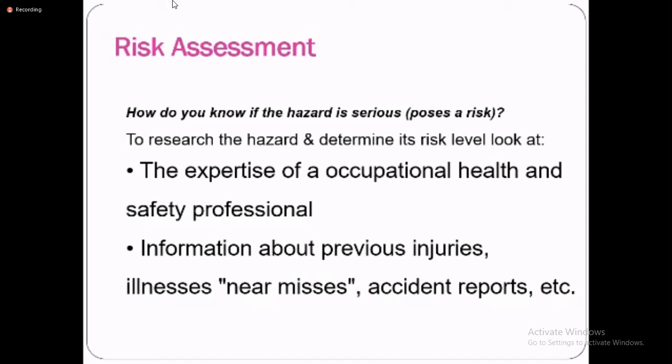Then when you search for that, the outcome will be very serious. Then your rating will be high, right? That's why in order to put the ratings, you have to go through previous accident history or incident reports, near miss reports, etc. Okay.